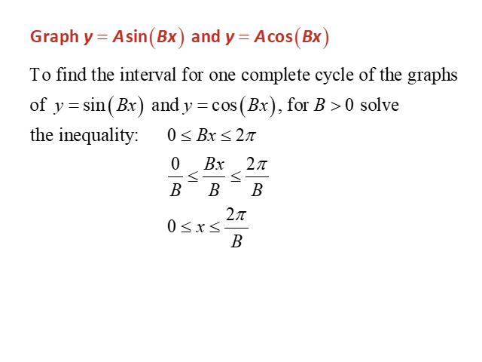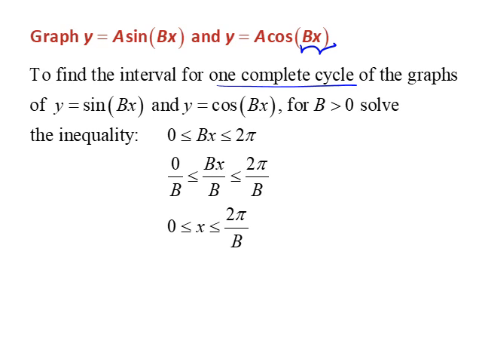I think this slide is a bit helpful because it tells us how to find one complete cycle of the graph. And it will become more helpful when we have more items involved in our equation.